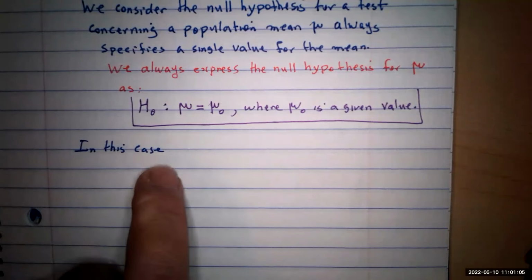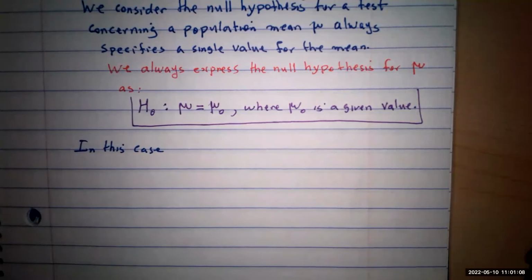So there are going to be 3 alternatives, and this is your job. You're going to have 3 different problems, and you have to look for these expressions that I talk about: less than, greater than, and not.